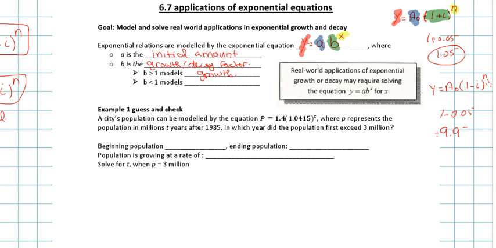It's 0.95. Is the B less than 1? Yes. So anytime you have a decay, because you're subtracting an interest rate, you're going to get a number that's less than 1. Okay? So if your base is less than 1, then you have a decay.